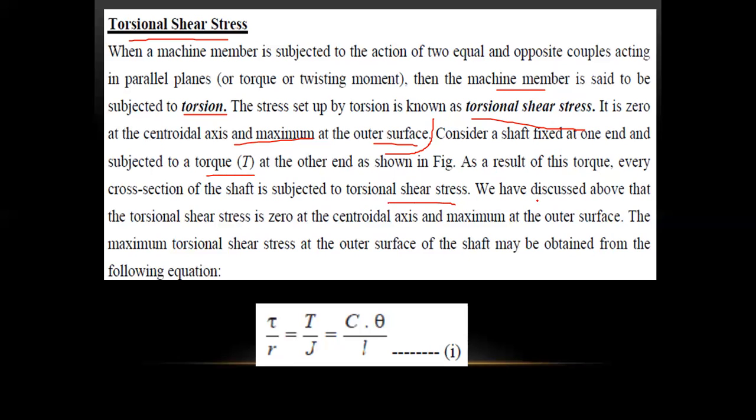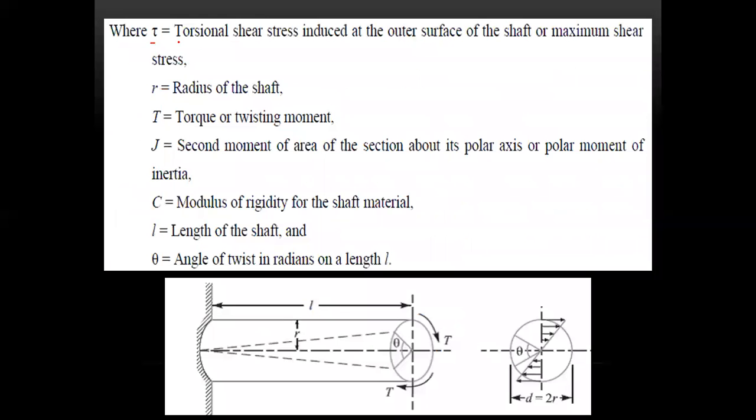The maximum torsional shear stress at the outer surface is from the following equation: tau by r is equal to T by J, that is equal to C theta by L, where tau is the torsional shear stress, r is the radius of the shaft, T is the torque, J is the second moment, C is the modulus of rigidity, L is the length, and theta is the angle of twist. In the figure you see the length of the shaft, the twisting moment, and the angle of twist. Here D is equal to 2R.